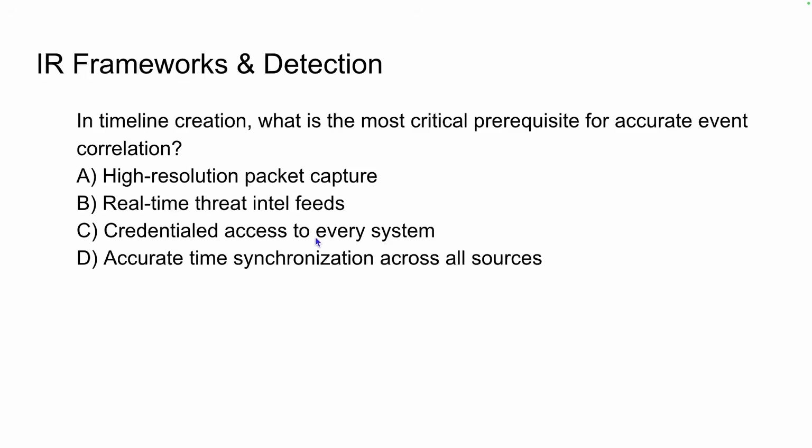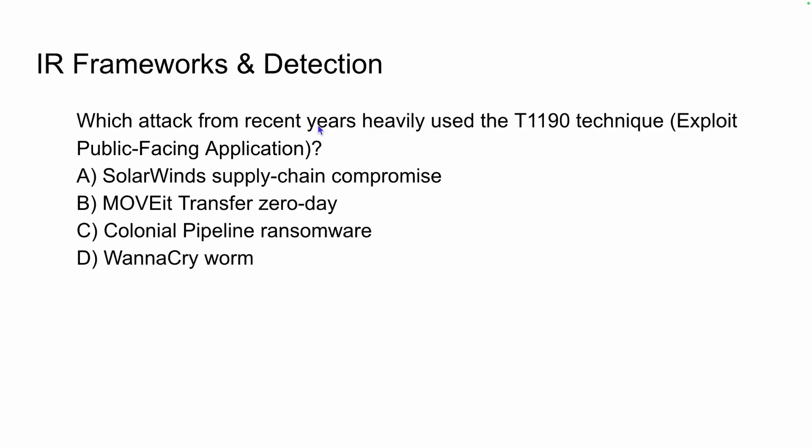You don't need credentialed access to every system. Real-time threat intelligence feeds can be helpful, but they don't have anything to do with timeline creation for your incident response environment. High resolution packet capture also doesn't really need that; we don't need high resolution stuff. We just need accurate times. So accurate time synchronization has to do with timeline creation.